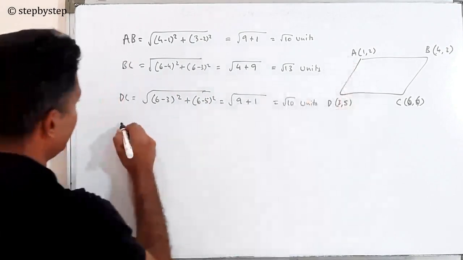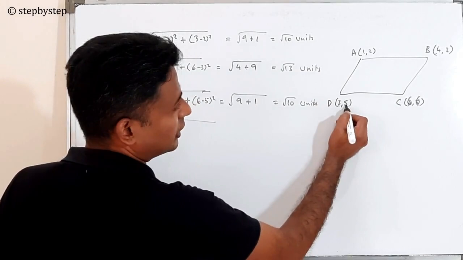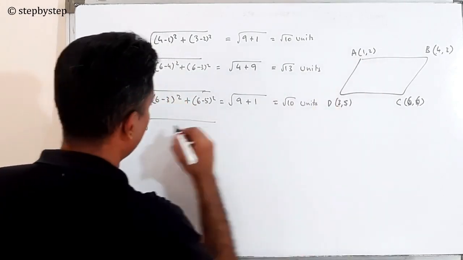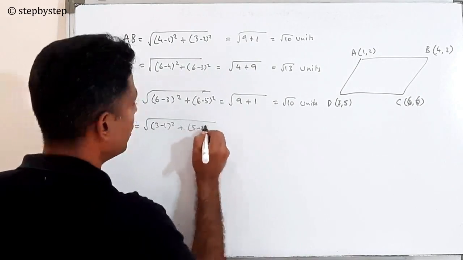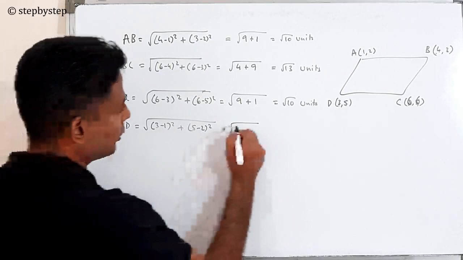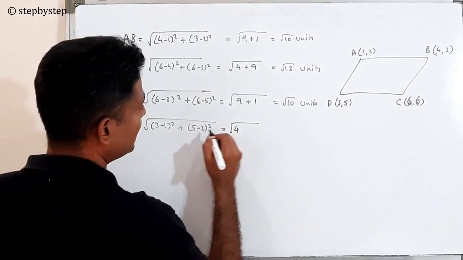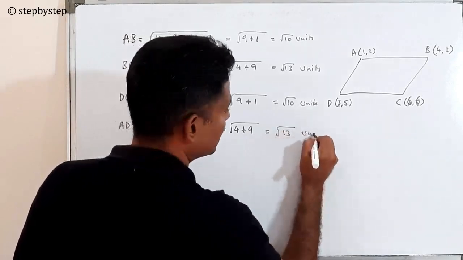And finally I'll find AD. I'll take this as x2, y2. So x2 minus x1, that is 3 minus 1 whole square plus 5 minus 2 whole square. So that equals 3 minus 1, 2 square, that is 4, 5 minus 2 is 3, 3 square, that is 9. So root 13 units.